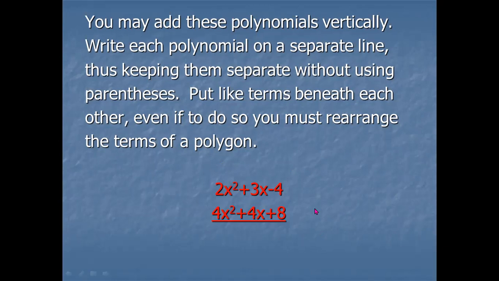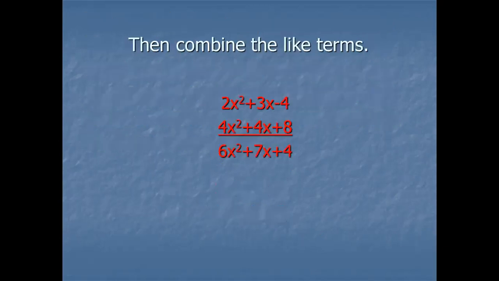So in that example, you have 2x squared plus 3x minus 4 plus 4x squared plus 4x plus 8. What do we do again? We combine. 2x squared combined with 4x squared gives 6x squared. 3x and 4x combined give 7x.